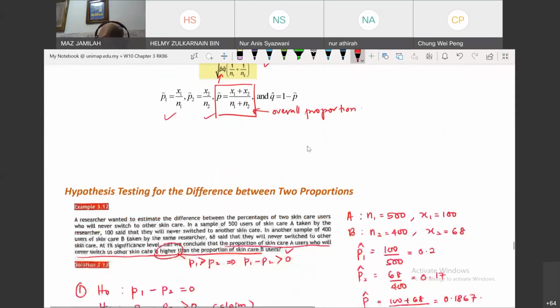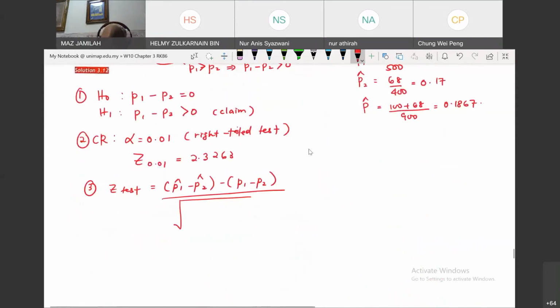The overall proportion is 0.1867 multiplied with 1 minus P, that will be 0.8133, multiplied with 1 over 500 plus 1 over 400.